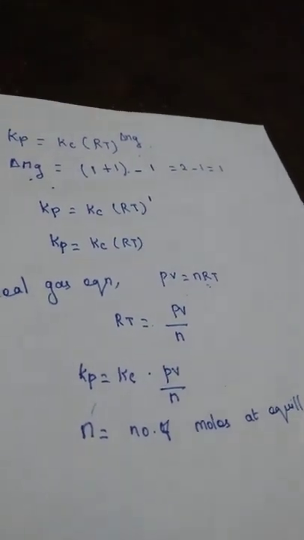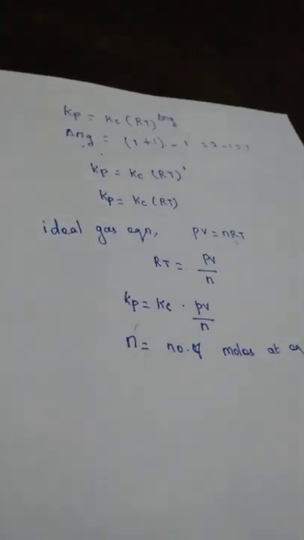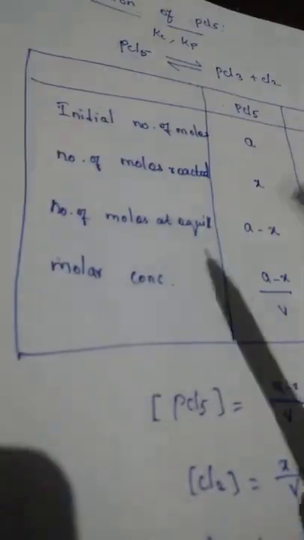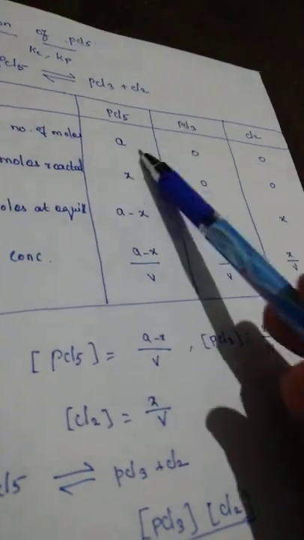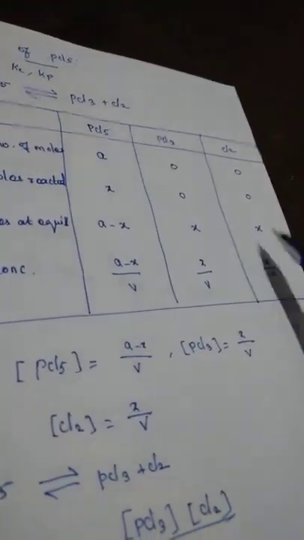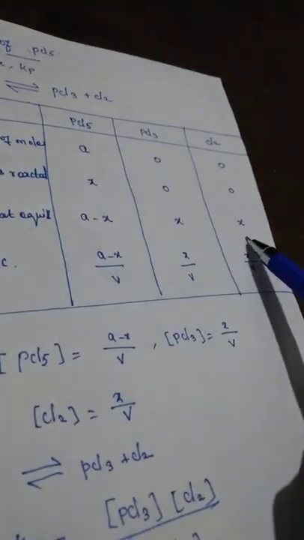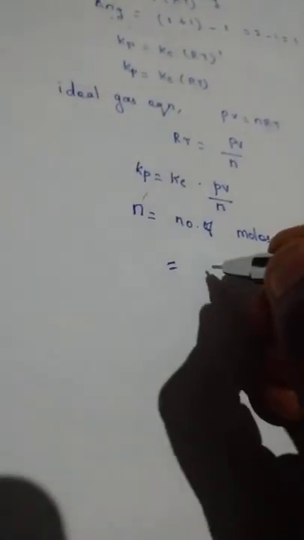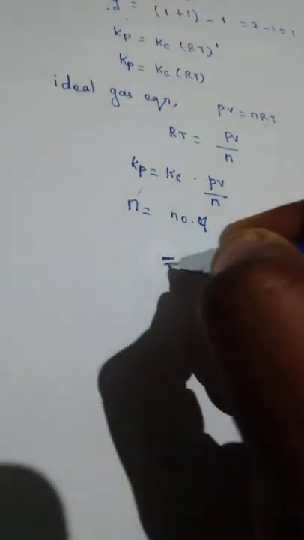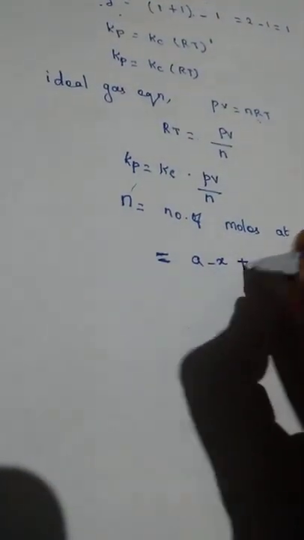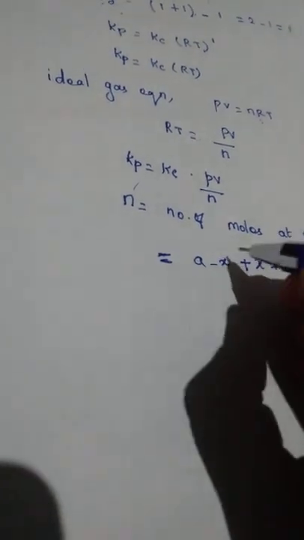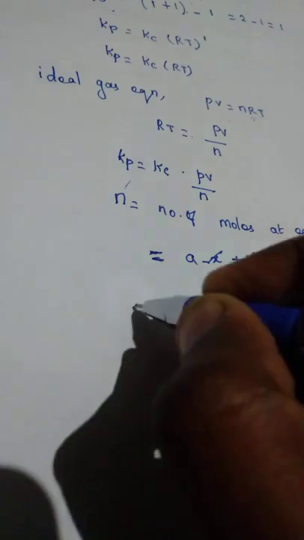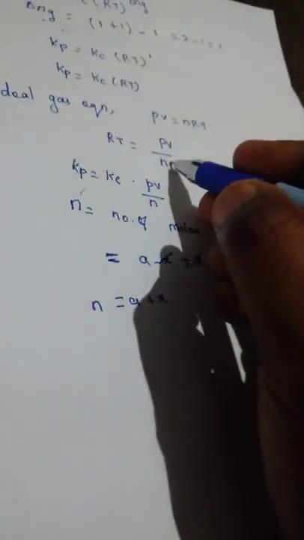You know already, the total number of moles at equilibrium: PCl5 is A minus X, PCl3 is X and Cl2 is X. The sum of these values is what we call N. So tell the number of moles value: A minus X plus X plus X. You can cancel minus X and plus X. So your answer N is equal to A plus X. Understand? Now we can substitute this N value in the Kp equation.